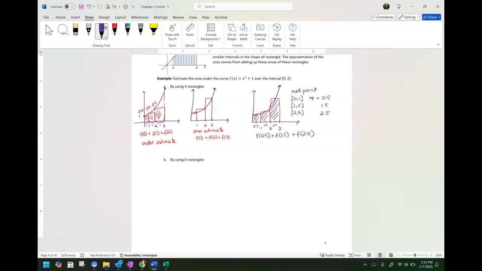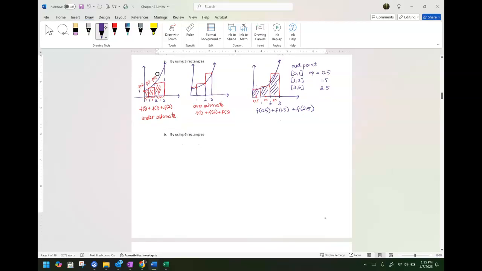Let's see what happens if we use 6 rectangles, and this time I'll use the midpoint. First of all, we take a look at the interval from 0 to 3. We divide it into 6. So 3 minus 0 divided by 6 equals 1 over 2. So the partition points are 0.5, 1, 1.5, 2, 2.5.